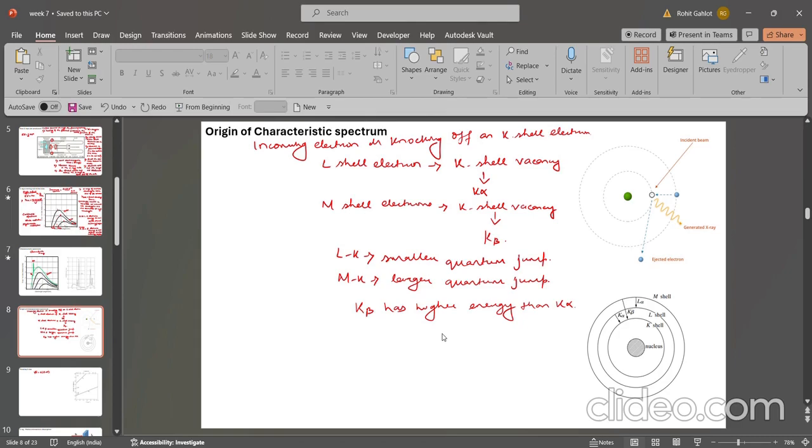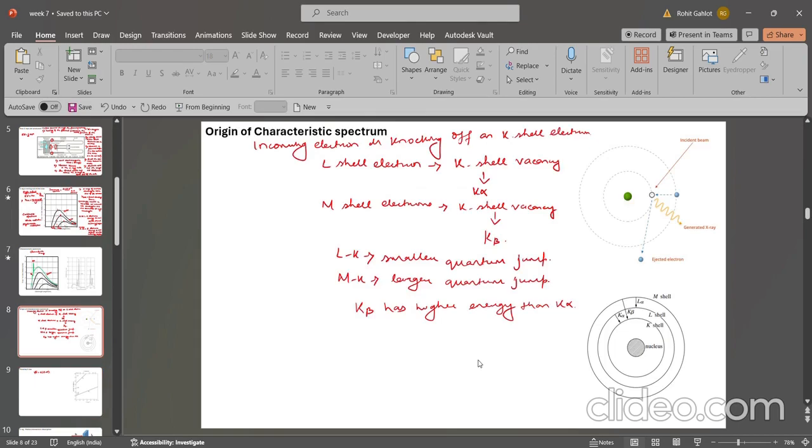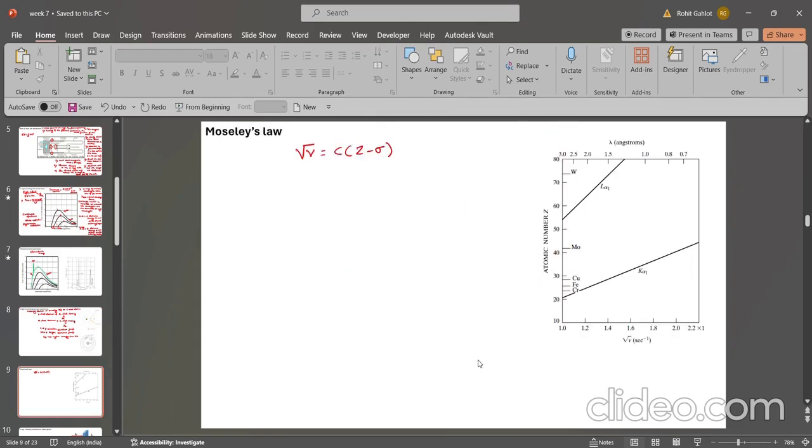However, K beta has higher energy than K alpha 1. So if till now anyone has any doubt, we can discuss.